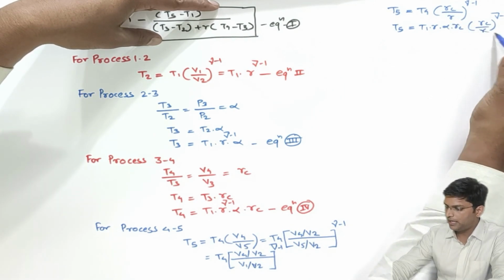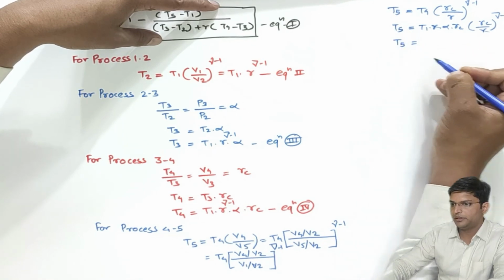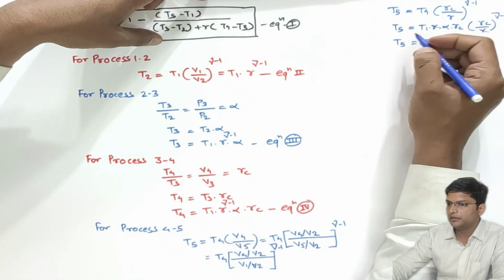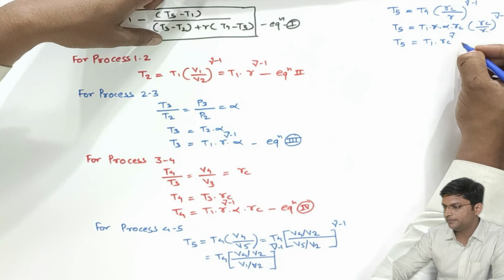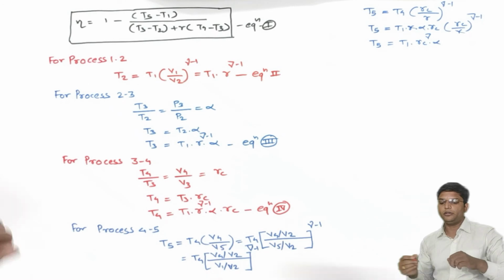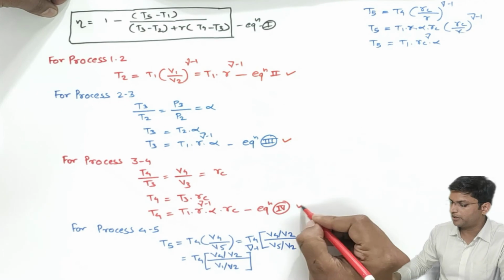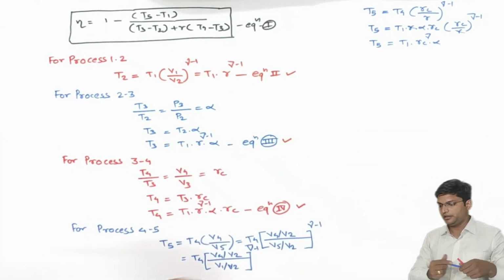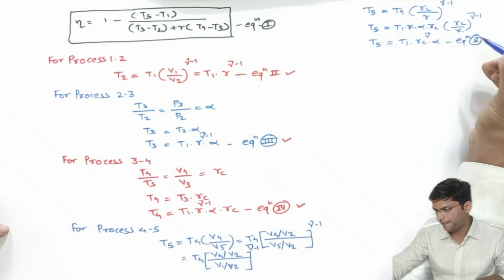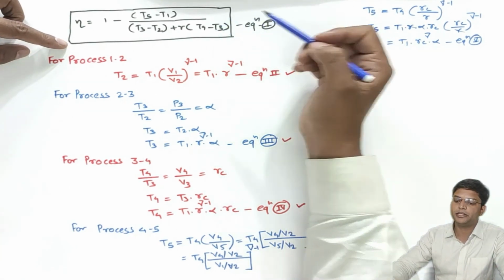Now cancelling out this r with r and simplifying the terms, the equation becomes T5 is equal to T1 into rc raised to gamma into alpha. Now we have found all the values for equation 2, equation 3, equation 4 and this equation 5.